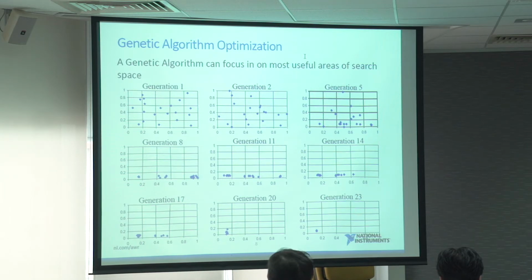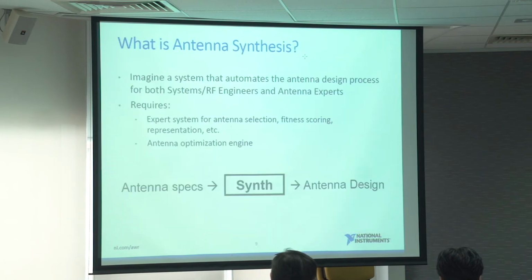Next slide. So what we want to do is harness the power of this kind of algorithm and other aspects to create a system that will allow us to synthesize an antenna from just entering the specifications that we want. So we enter specifications, hit the run button, and get antenna designs out as an output.